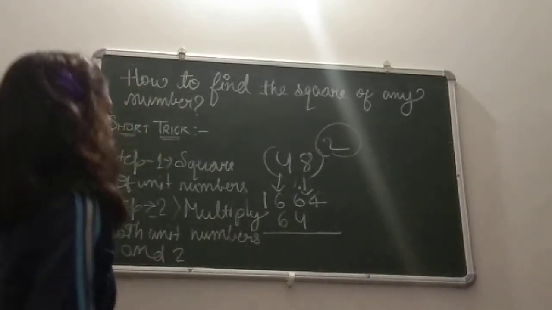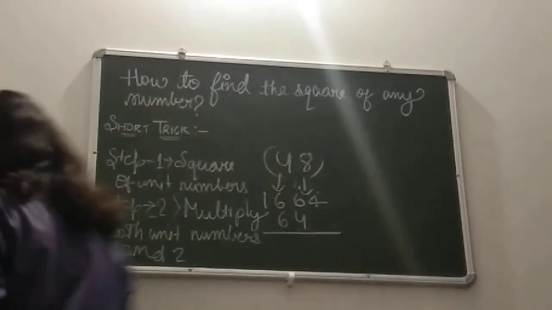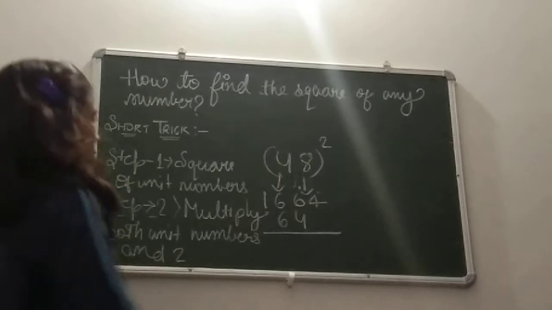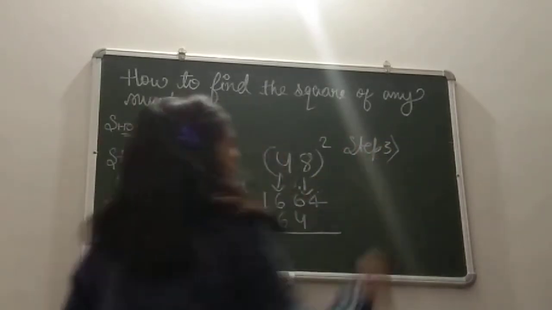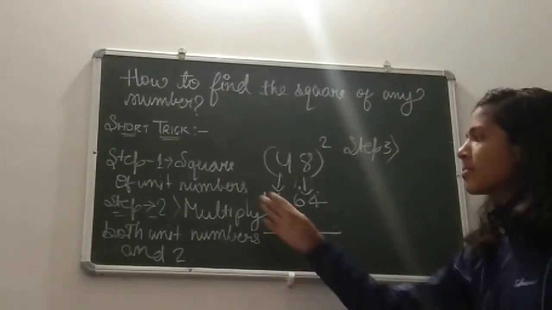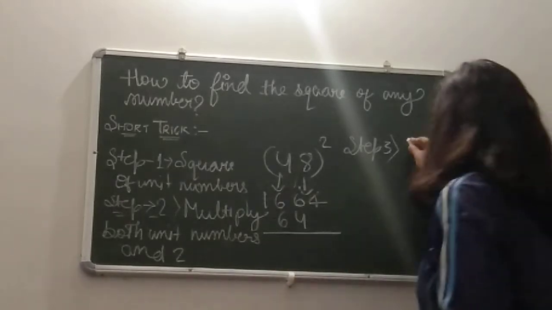So step 3: when we multiply both unit numbers and 2, we have to add it with the squares we got in step 1.